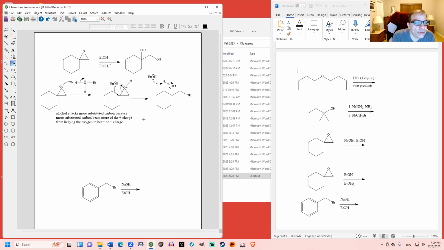And that then goes on to the oxygen with a plus charge. And you get the product. So ring opening of epoxides has different outcomes depending on whether you're in alkaline condition or in acidic condition, or alkaline solution or acidic solution.